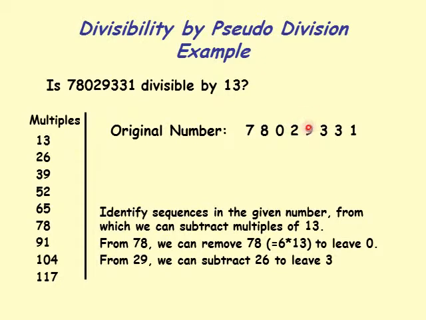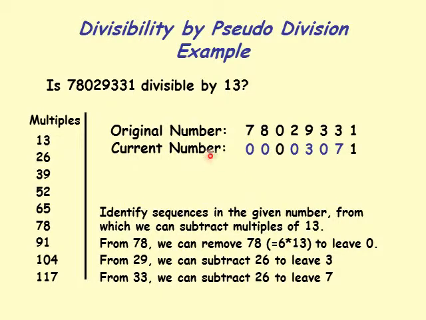In 29 we will have 03 here. From 33 next, we can subtract 26 to leave 7. After we did that, 78 became zeros, 29 became 03, and 33 became 07.